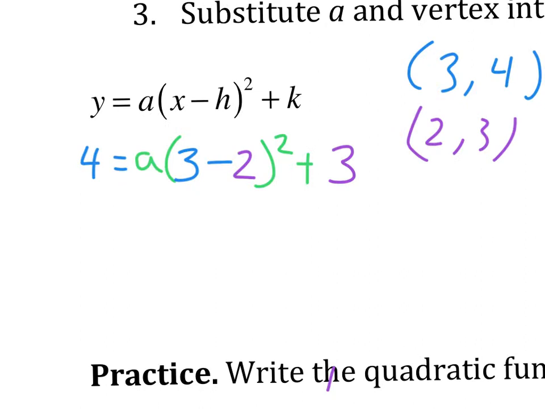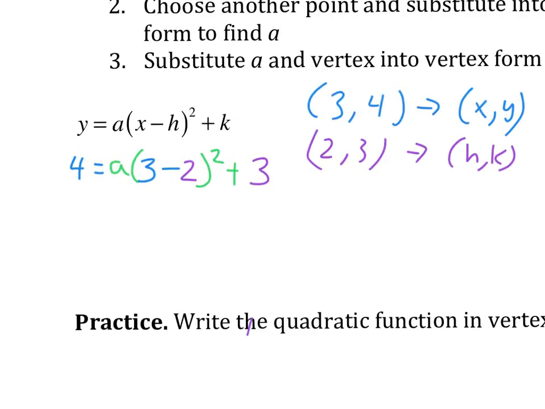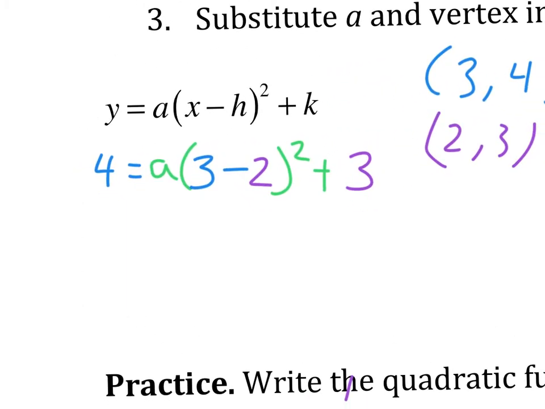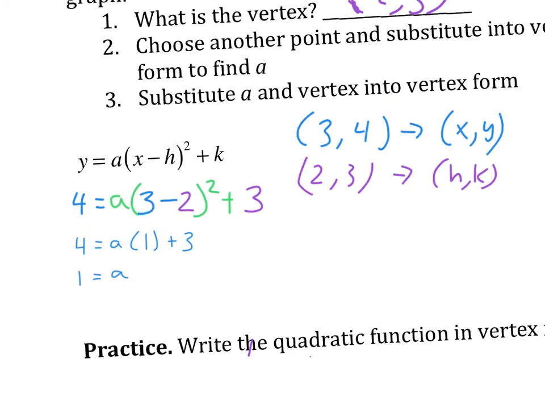Now that all my things are substituted in, good, now that we've substituted in my 2 points, 1 solution and 1 vertex, I just go ahead and simplify where I can. So here, 4 equals A, 3 minus 2 is 1, and 1 squared is 1. Add 3. And now I'm going to subtract 3 from both sides to get 1 and multiply together. So A is 1. Yay! So now here's what I have to do.